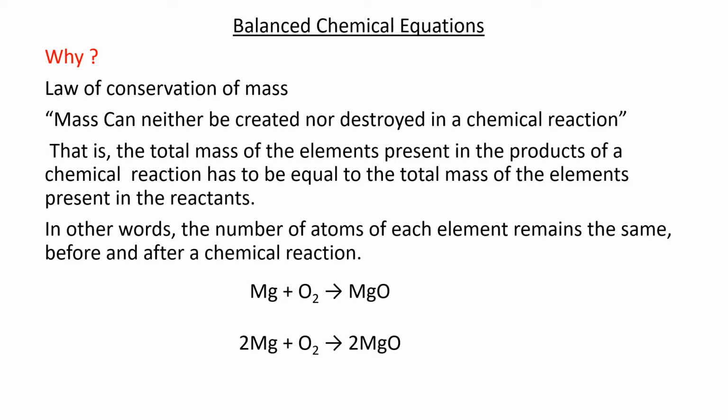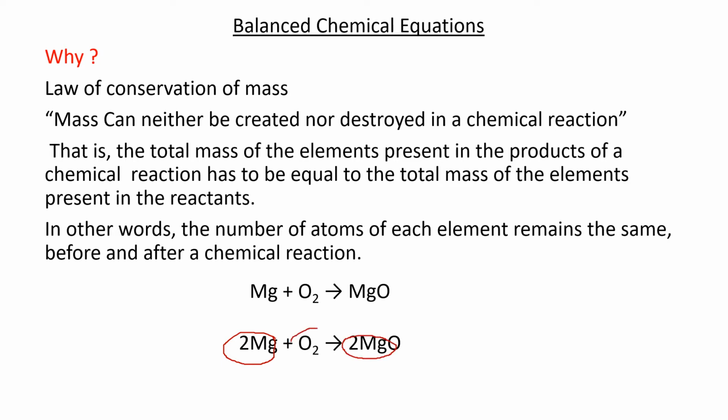So how do we balance this equation? We balance this equation by adding 2 as the coefficient of Mg. So here you have 2 Mg, right? And here you have 2 Mg.